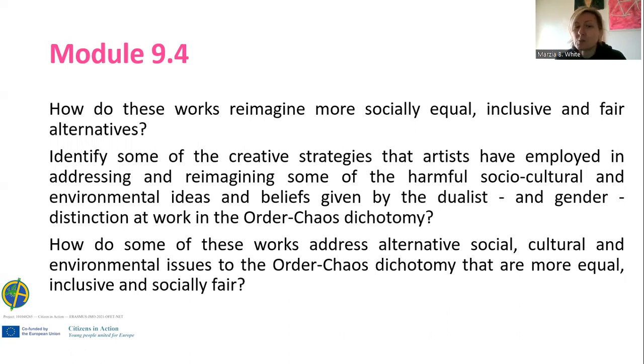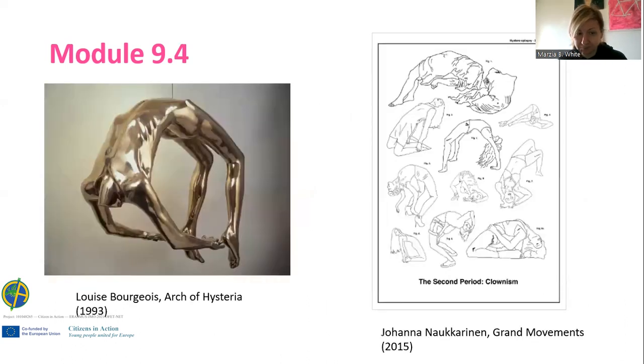How do some of these works address alternatives to the order-chaos dichotomy that are more equal, inclusive, and socially fair? And here we have some artworks of Louise Bourgeois and Joanna Naukarinen.